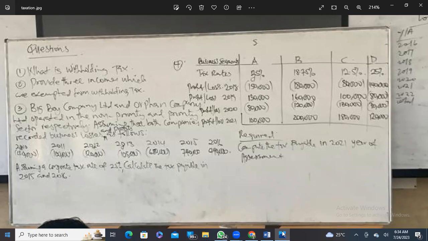So assuming corporate tax is 25%, and by law, corporate tax is 25%, just calculate the tax payable. Now, I just wanted to draw your attention to something. If you are in, let's say, taxation of branch profit, you may get confused as to this question, whether you are going to deduct branch profit from it.